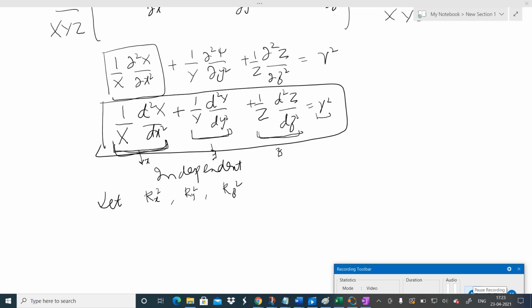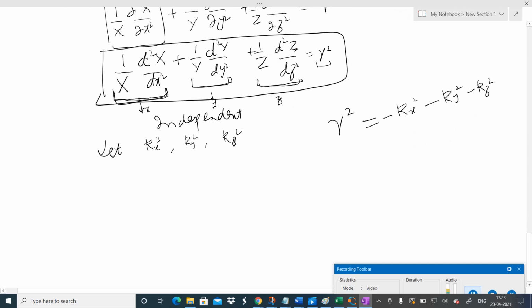And for some reasons which you will see soon after the solution, we take each of these terms to be negative. So for that, we will write this gamma square as minus kx square, minus ky square, minus kz square, okay?